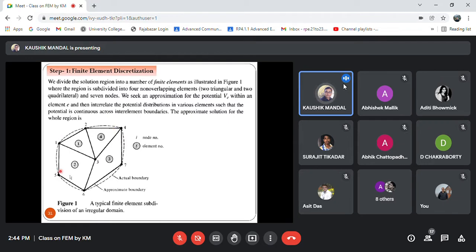The entire solution region will be divided into a number of subregions or elements. Then you have to approximate the potential VE within a particular element. After that, you have to interrelate that potential distribution in the other elements in such a way that the potential must be continuous across the inter-element boundaries.